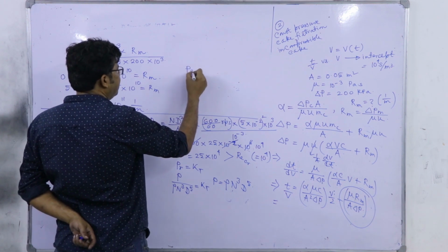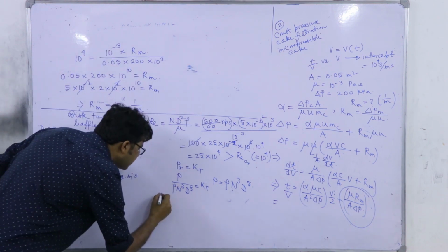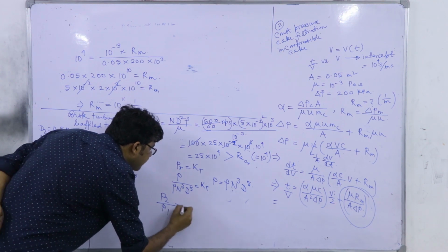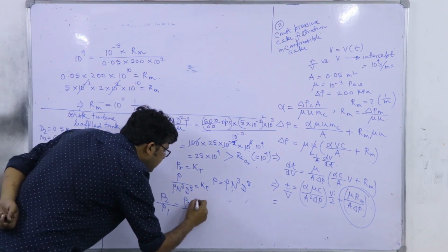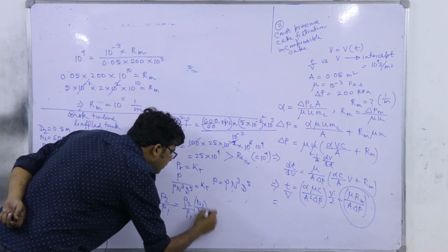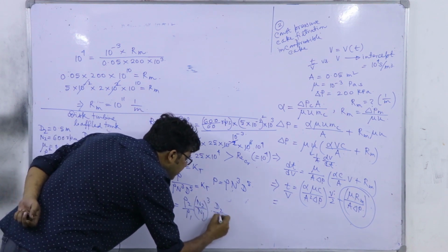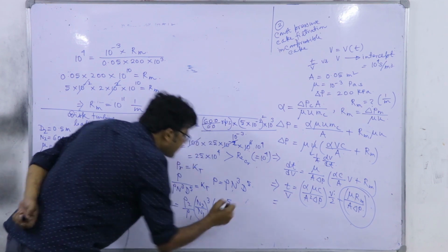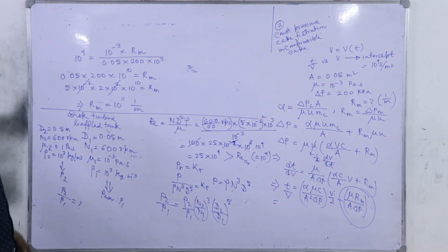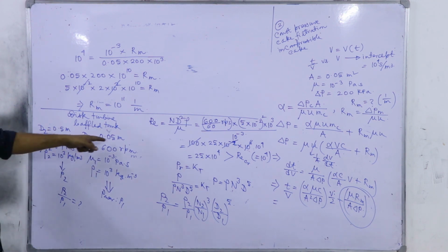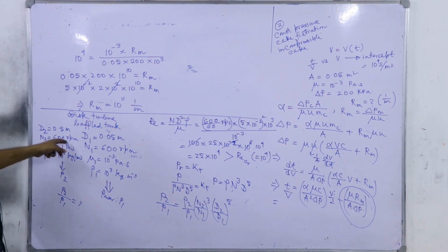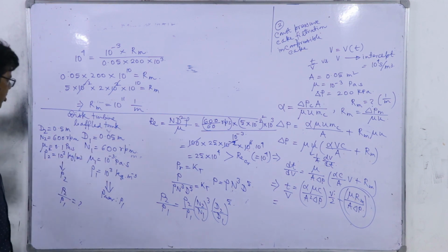So obviously we will have P2 by P1 equal to rho 2 by rho 1, n2 by n1 cube, into d2 by d1 to the power 5. Right? So rho 1 and rho 2 are same, d2 is 10 times higher, and n is also the same.